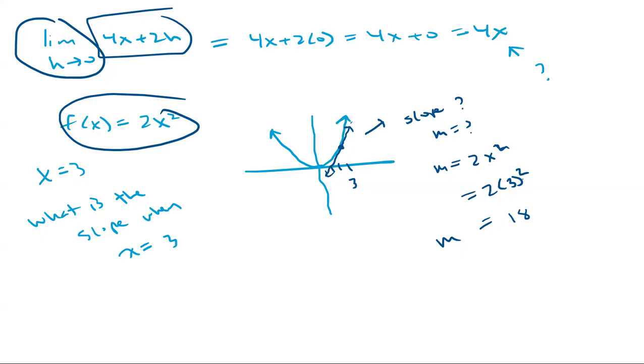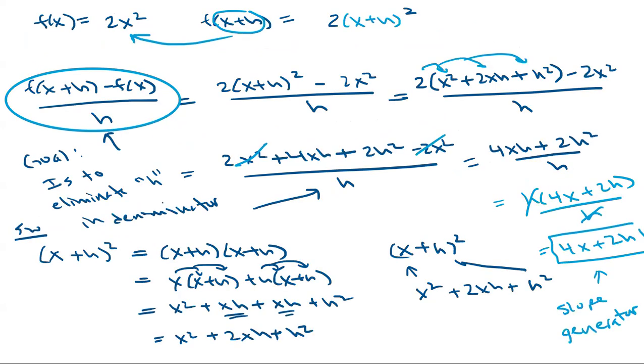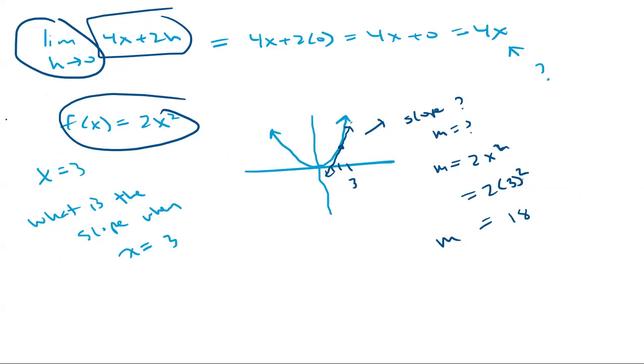Let me backtrack on what I said. The 2x squared represents this function, this graph, the parabola. I apologize, I used that instead of what we found.